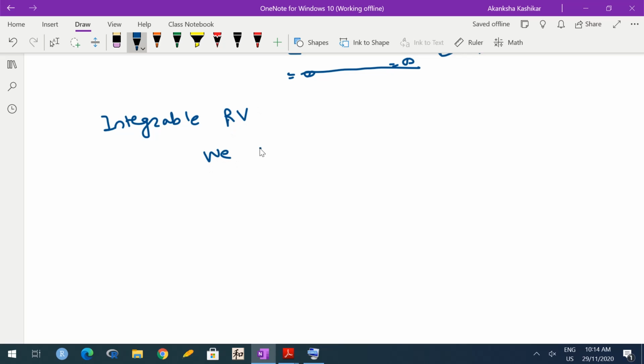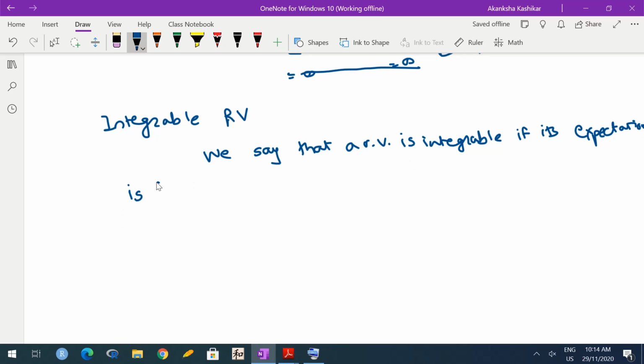So we say that a random variable is integrable if its expectation is finite. Okay, we say that a random variable is integrable if its expectation is finite. So this is integrable random variable.